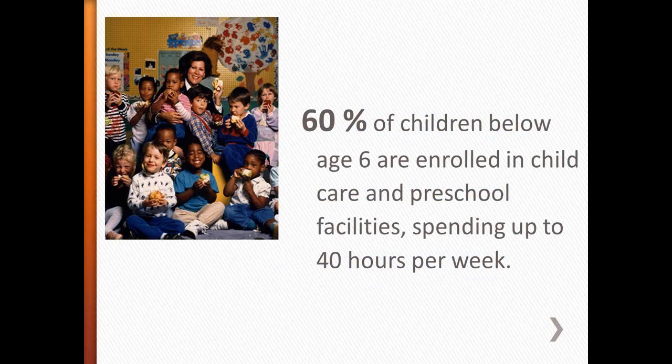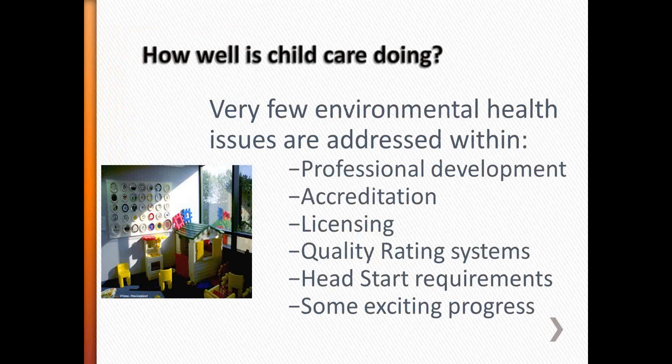And since there are so many children spending so much of their time, 60% or more, in early learning care and learning environments, obviously the setting is a very important one for us to focus on regarding environmental hazards and exposures. We looked into the level of awareness and action in this field and found that, with few exceptions, environmental health was not comprehensively addressed by early care and learning institutions. And of course there are some exceptions, but they are certainly just a few.